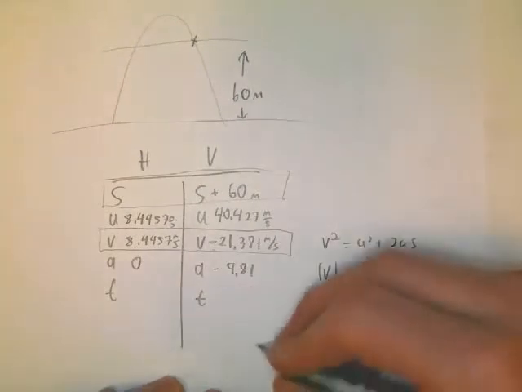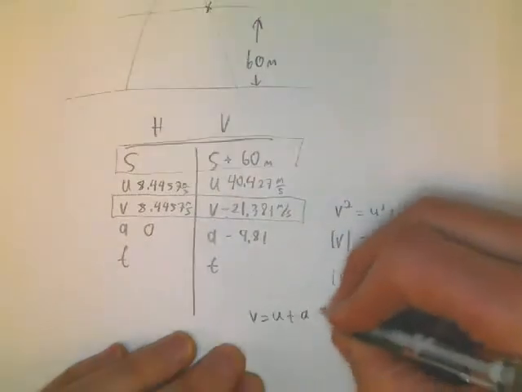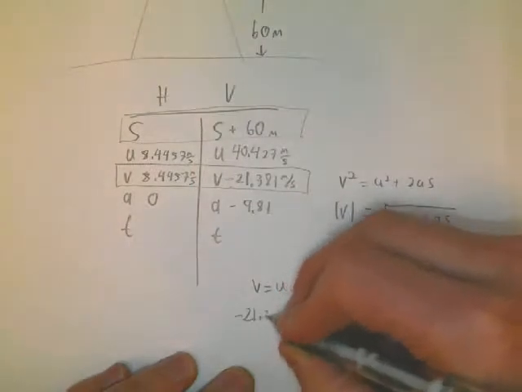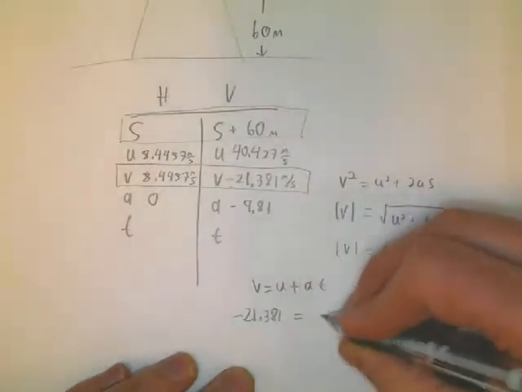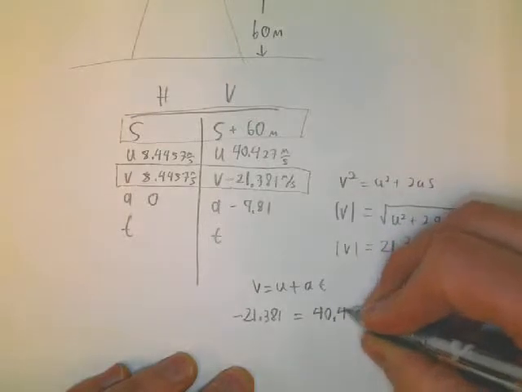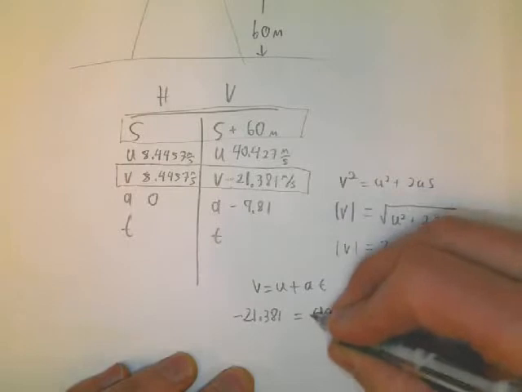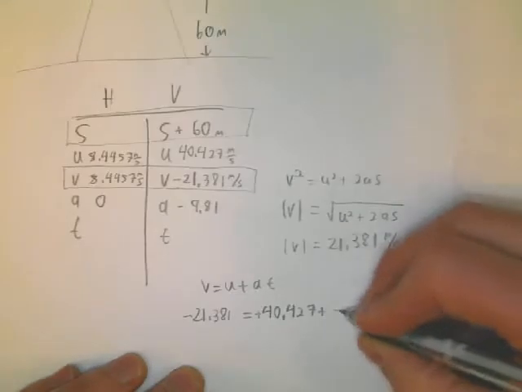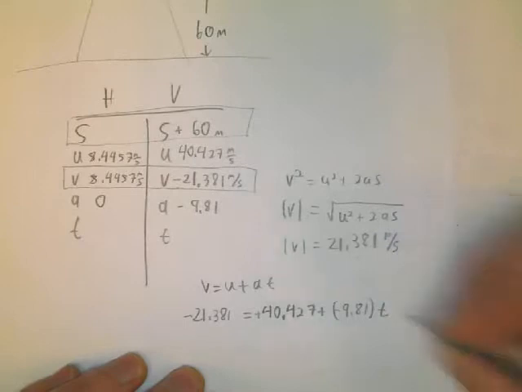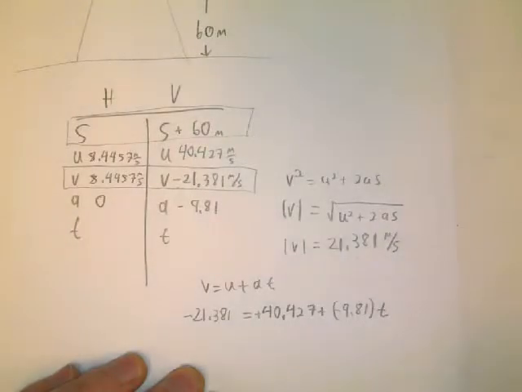I'm going to use v equals u plus at. So negative 21.381 equals 40.427, this is positive, plus negative 9.81 times t. Notice I've neatly sidestepped the quadratic equation here. If we solve for t, that's going to look like this.